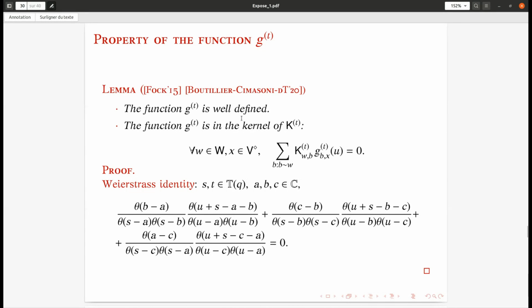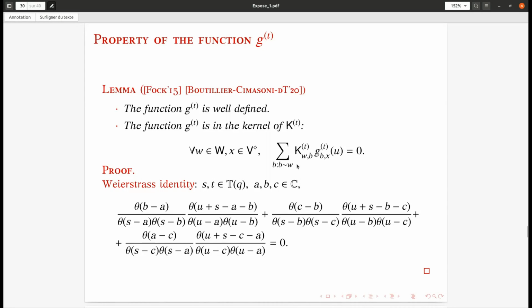And the key fact to do everything that we want is that this function is in the kernel of the Kasteleyn operator. So K_T is the Kasteleyn matrix corresponding to Fock's weights of the infinite graph. So we kind of refer to it as an operator. So this is just rewriting what it means to be in the kernel.